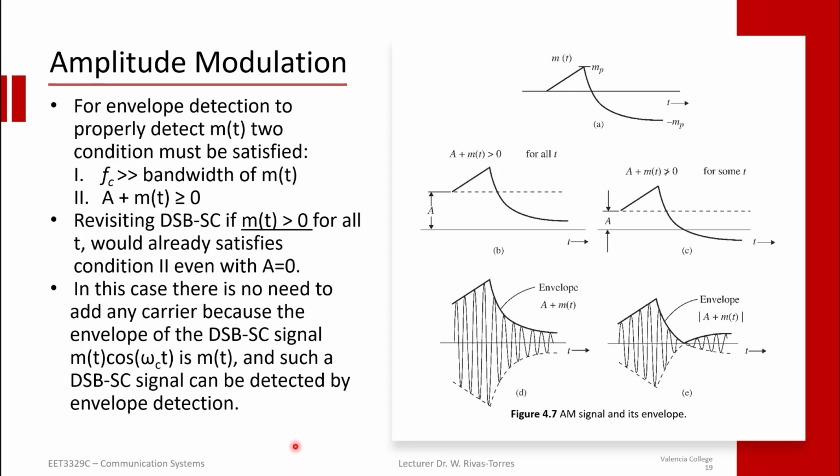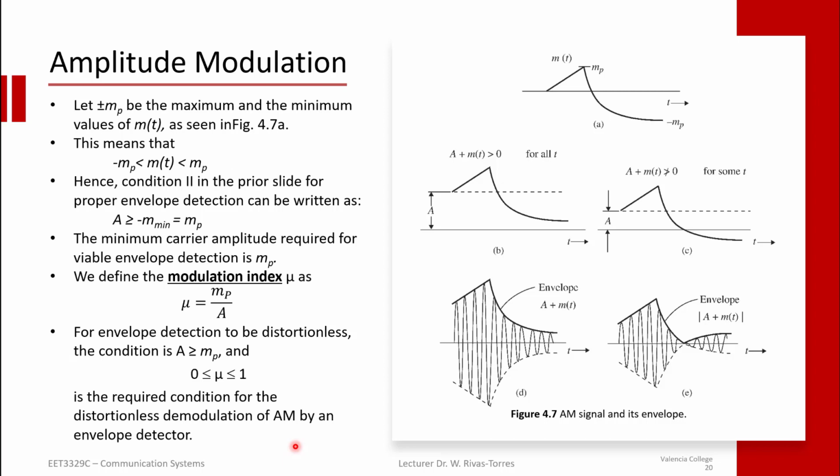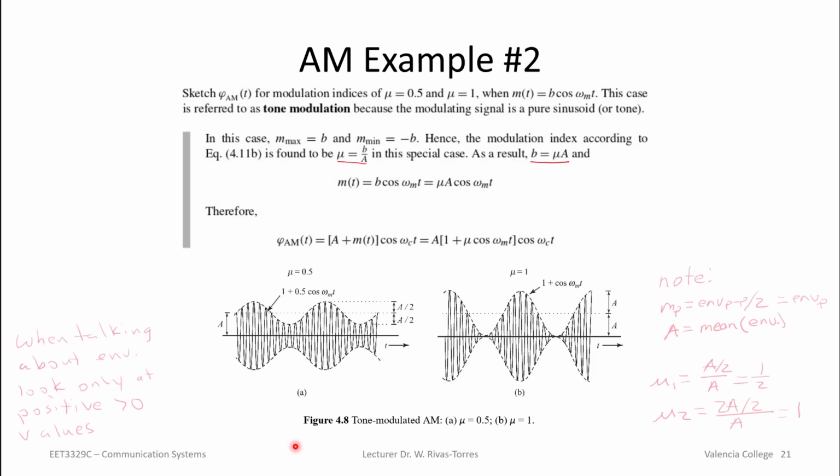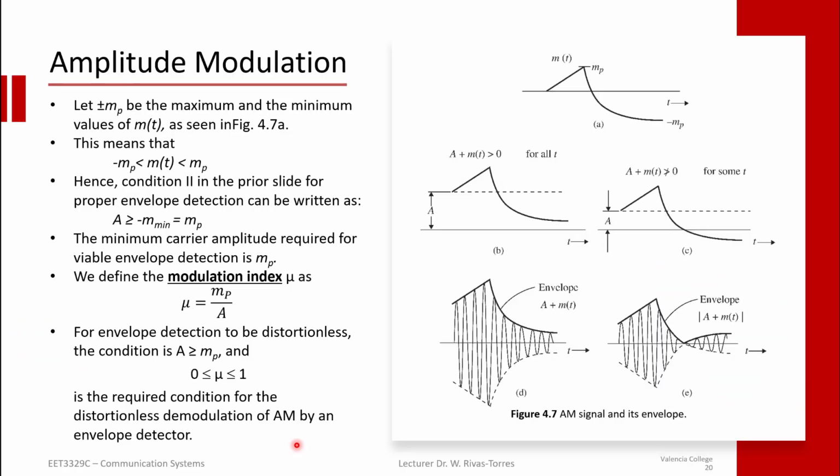That is explained somewhere. If not, I'll go back to the slide and make sure that we explain it. Let's talk about amplitude modulation. Let's say we have a signal with a peak value, which we call m_p, so our signal goes between plus and minus m_p. Those are our peak values, and that's what this condition here is talking about.